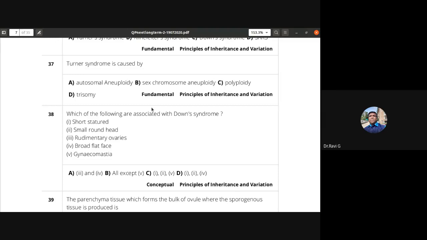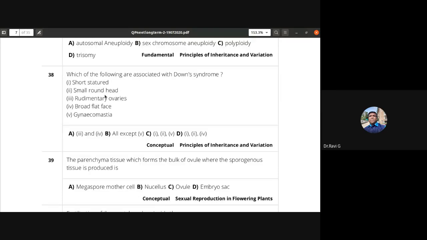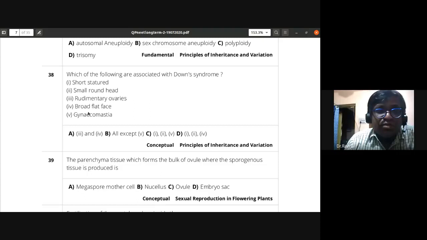38th question, which of the following are associated with Down syndrome? What are all associated with Down syndrome? Short statured, fine. Small round head, fine. Fourth one, broad flat face. Rudimentary ovaries, gynecomastia, they are not associated with. So 1, 2, and 4.